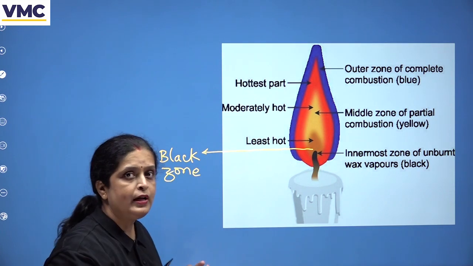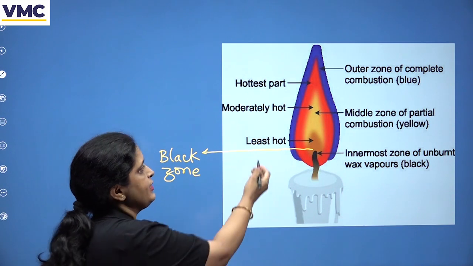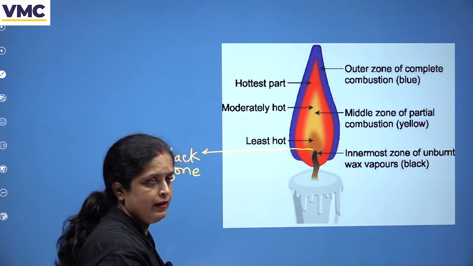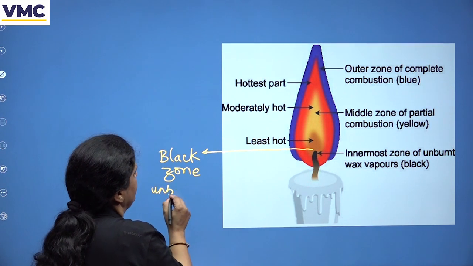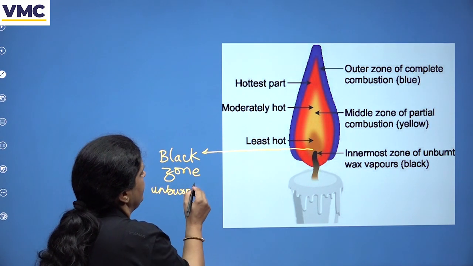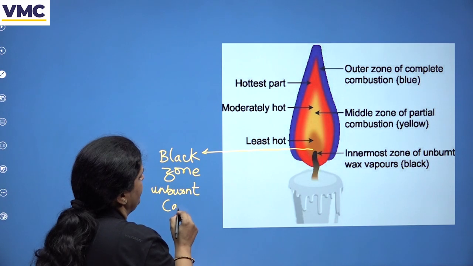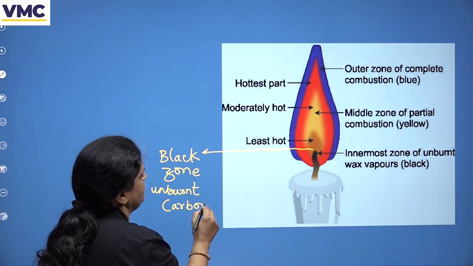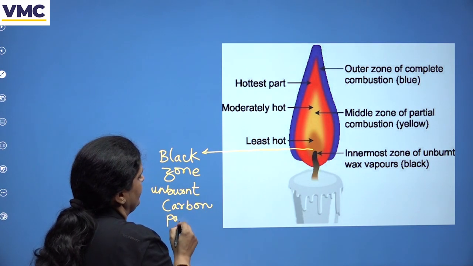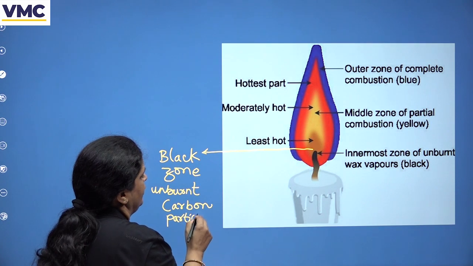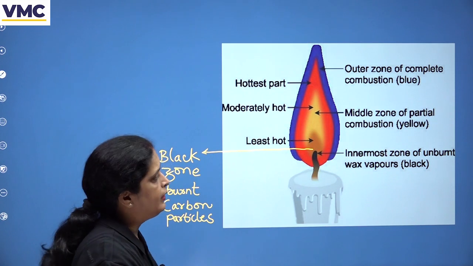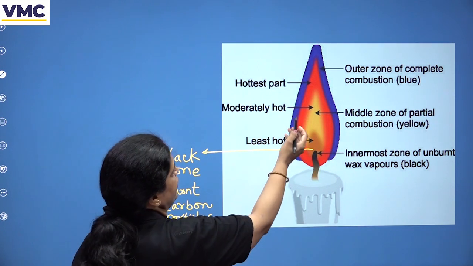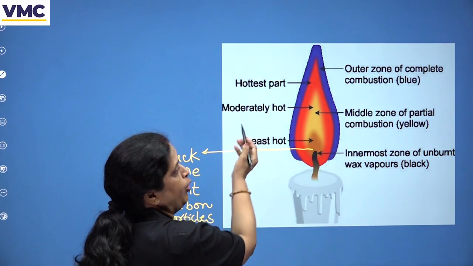This is the coldest zone, or as you can see, it is least hot. This black zone has unburnt carbon particles. And then we go to the middle zone, which is moderately hot.